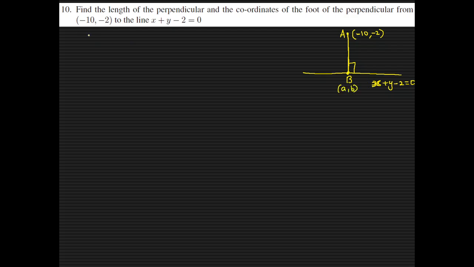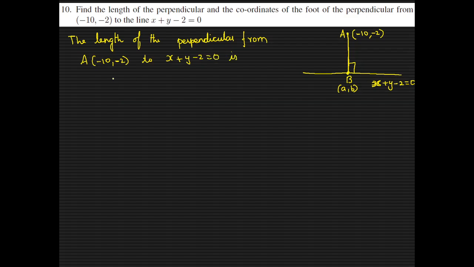So let us find the length of the perpendicular from A (-10, -2) to the line x + y - 2 = 0.